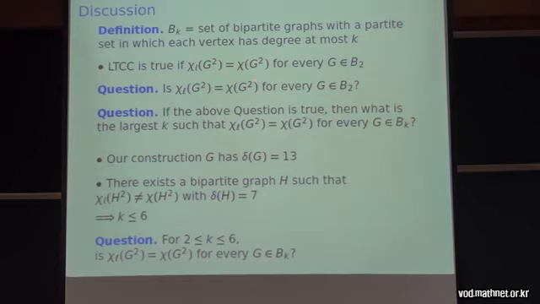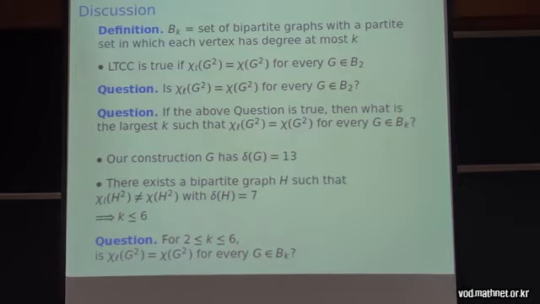The reason is that you subdivide each edge, because one bipartite side has maximum degree just 2. So the question is: is there some k such that for every graph G in B_k, the square is chromatic-choosable?